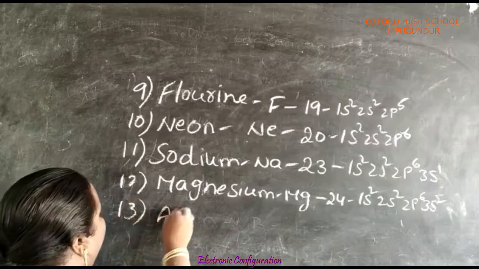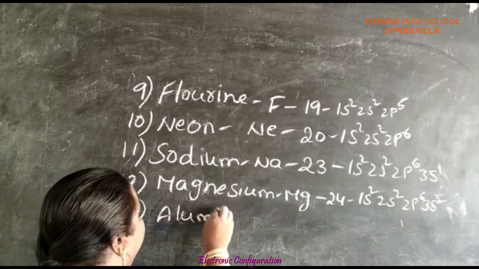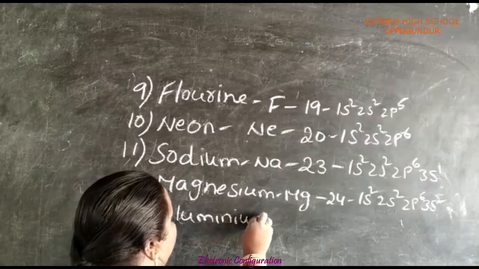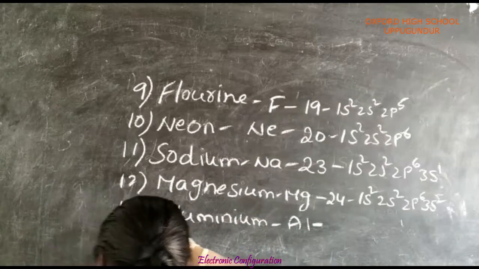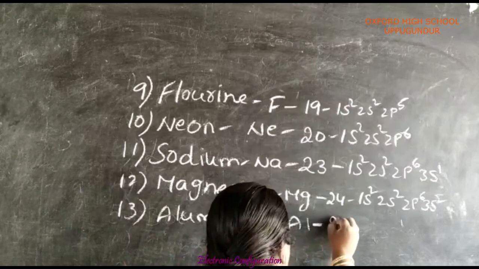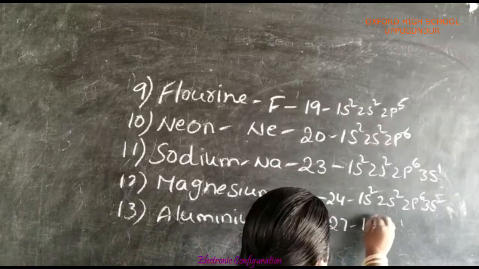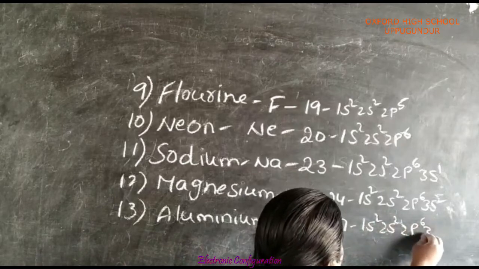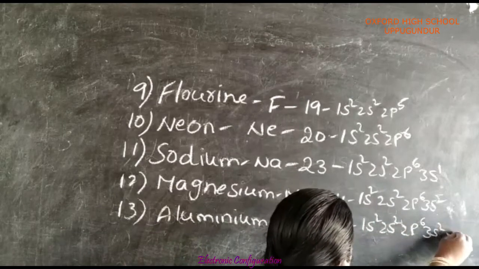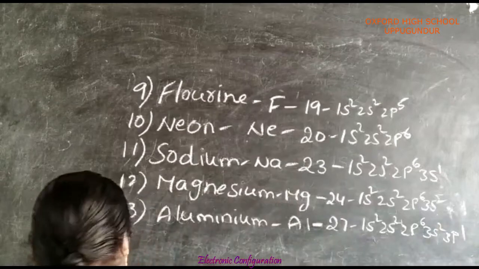Next, aluminium. The aluminium symbol is Al. 1s2, 2s2, 2p6, 3s2, 3p1.